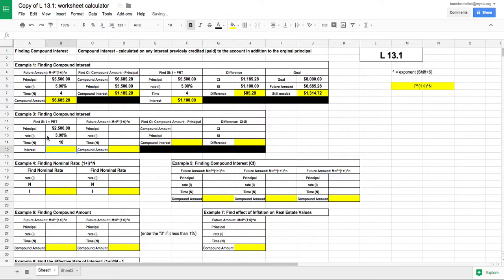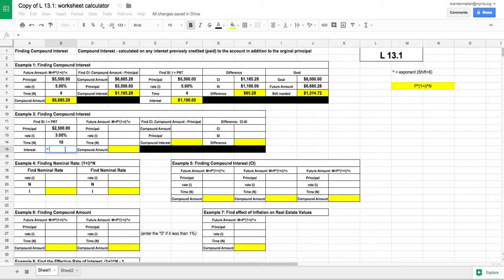So with rates, we divide by the number of times compounded. For the time, we multiply. That's why we get the 3%, which is 6% semi-annually, and 10 periods for 5 years compounded semi-annually. We get those numbers there.